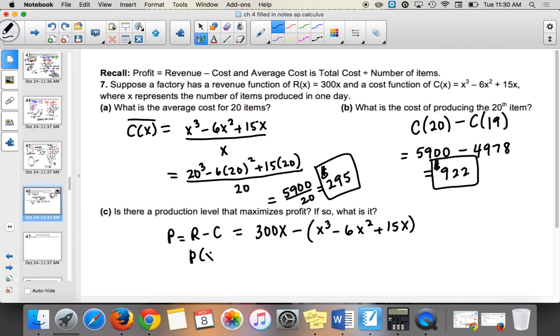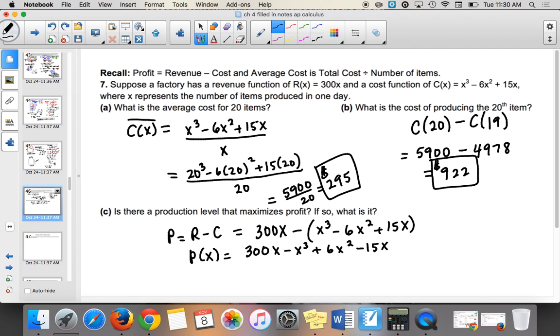So my profit equation is 300x minus x cubed plus 6x squared minus 15x. So I'm guessing if you're selling the items for $300 and the cost of the 20th item is costing you $922, you don't want to sell 20 items, right? Seems like a lot.